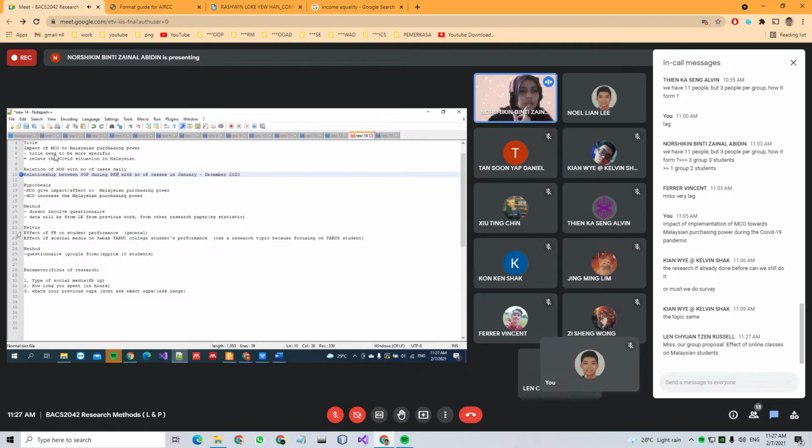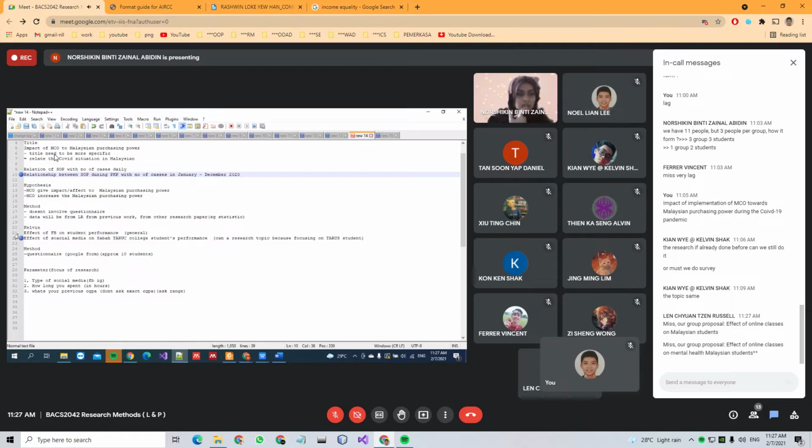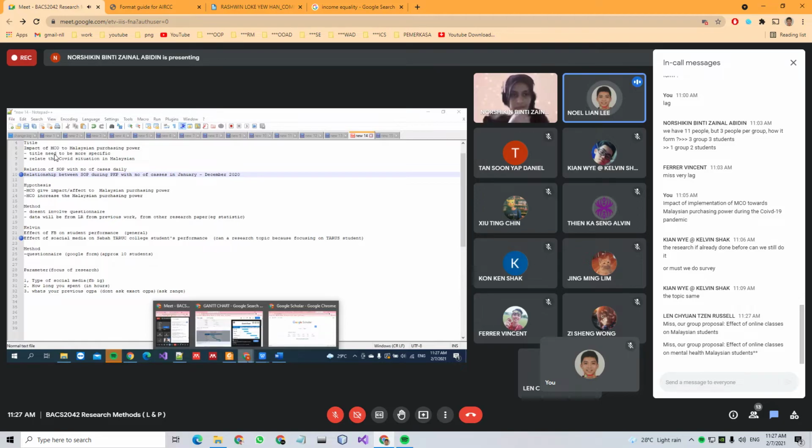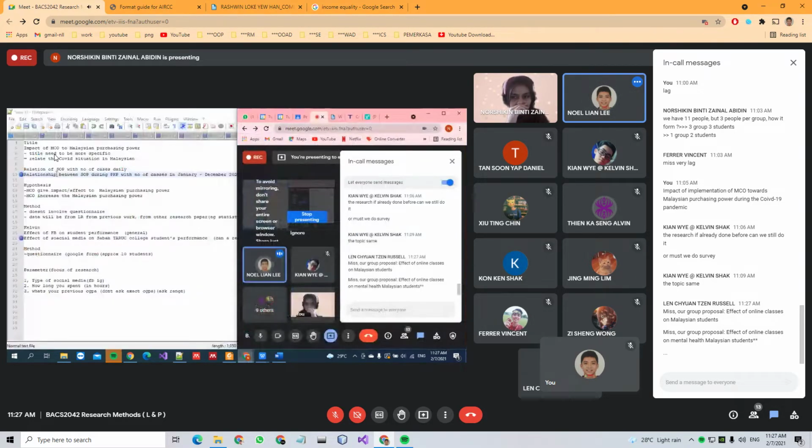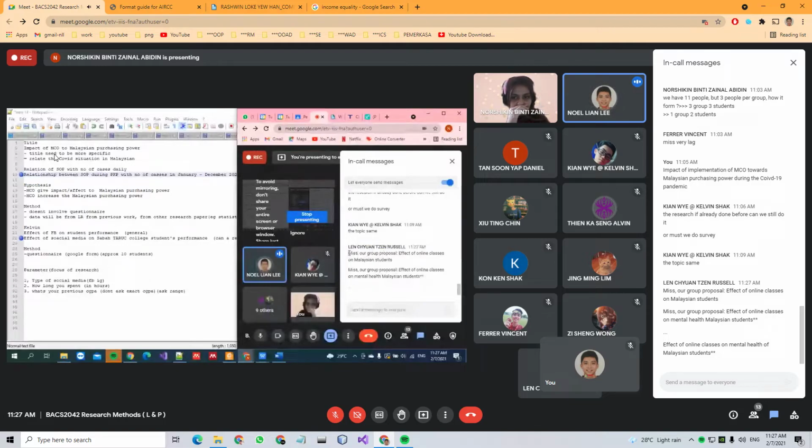For example, instead of relationship, what if it is different SOP in different PKPD towards the COVID case, something like that.